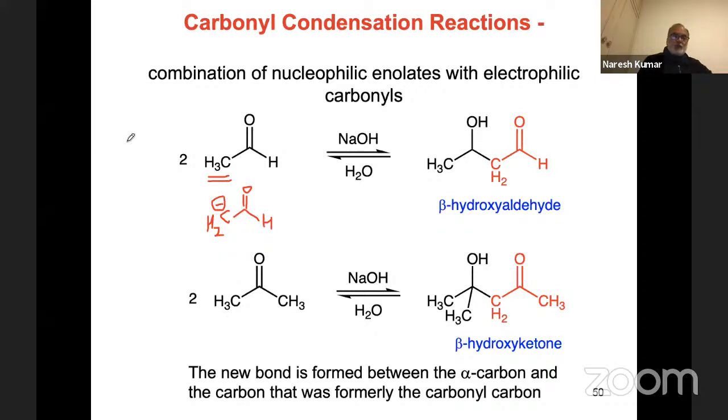We've been learning all along in the last week's lecture and today's lecture like that. But we also know from our first year chemistry, which I also covered in the introductory slides last week, that a carbonyl compound by nature has got a slight negative charge on the oxygen and a slight positive charge on carbon, because oxygen is more electronegative. So this pair of electrons is more towards oxygen than carbon.